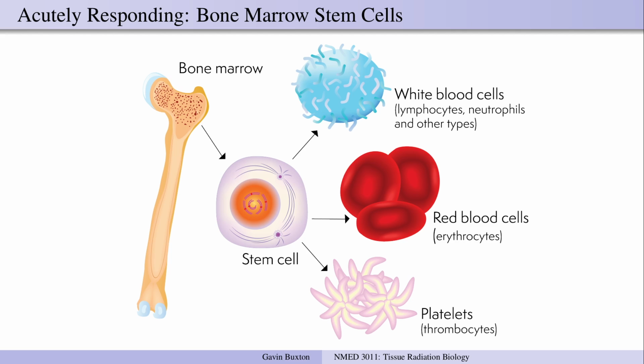These are very radiosensitive cells. These cells are produced by the bone marrow, the spongy tissue found in the center of bones or some bones, and can differentiate into different types of blood cells. So they can differentiate into red blood cells, which carry oxygen around the body, or white blood cells, which help fight infection. And we'll talk more about the effects of radiation on some of these systems later on in the course.